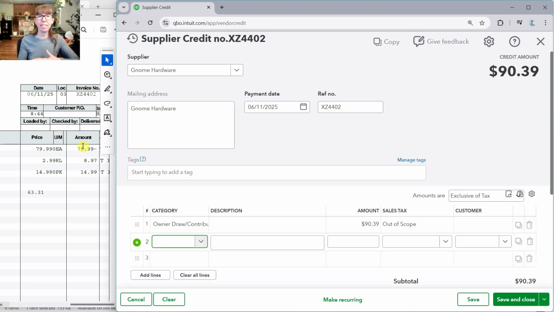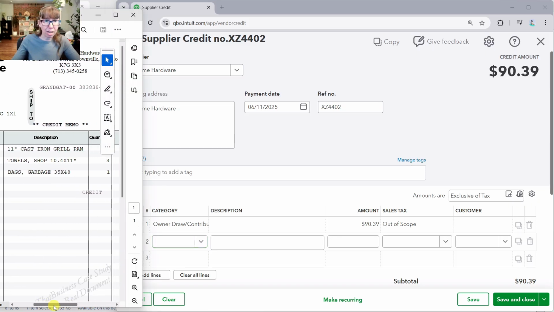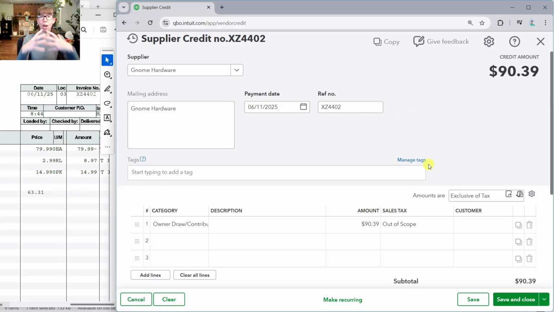So now let's put in the expense portion. These two lines right here are her supplies that she purchased, shop towels and garbage bags. And they are a positive number on this credit because it's the way that the credit is being presented to us. But because we're putting a credit in that's by its nature negative, we want to make it less negative.